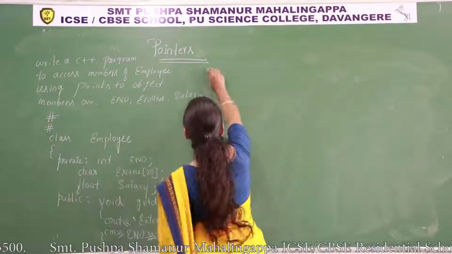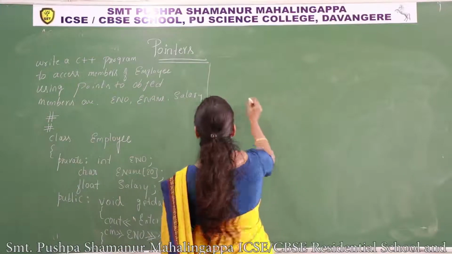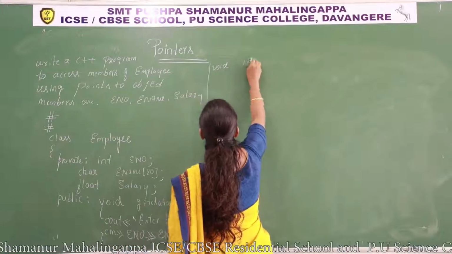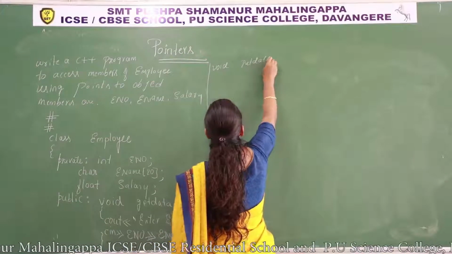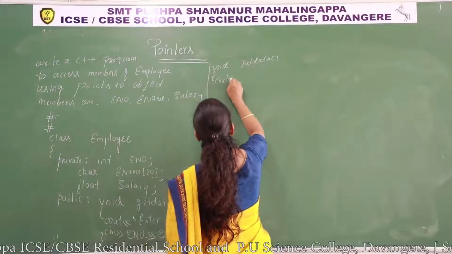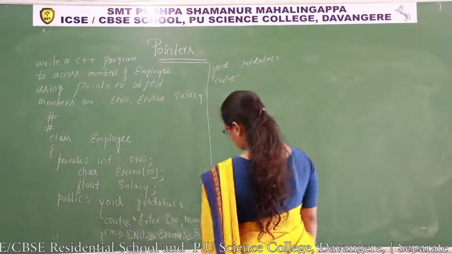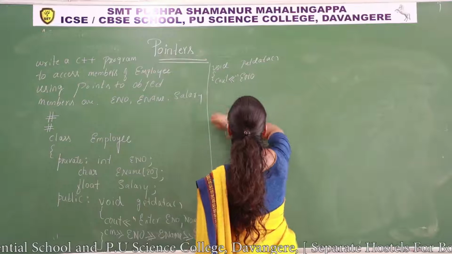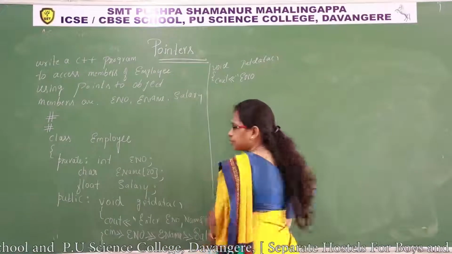Next, I have to take one more function to display, void putdata. Name of the function I will take putdata. Cout insertion, employee number. I will display in a tabular format.